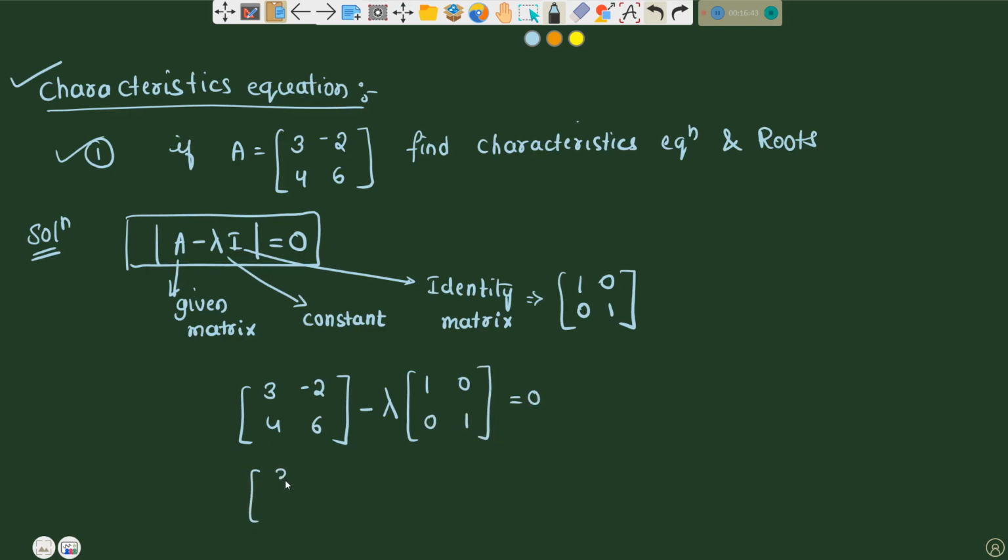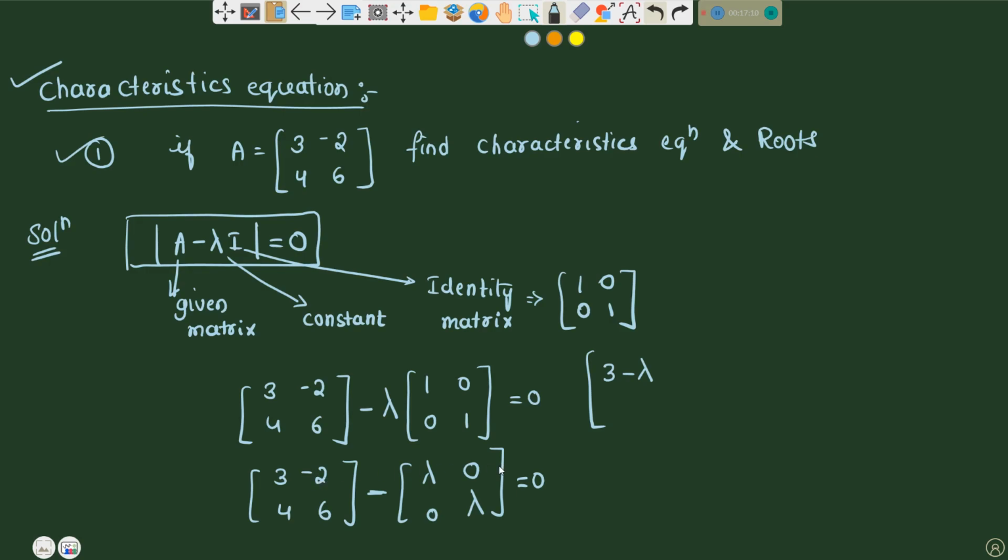Now you keep the A matrix as it is, 3 minus 2 4 6. Now minus lambda, you multiply inside this matrix. Lambda into 1 is lambda, lambda into 0 is 0, lambda into 0 is 0, lambda into 1 is lambda, equal to 0. Now you have to subtract these two matrices. 3 minus lambda, you keep as it is.